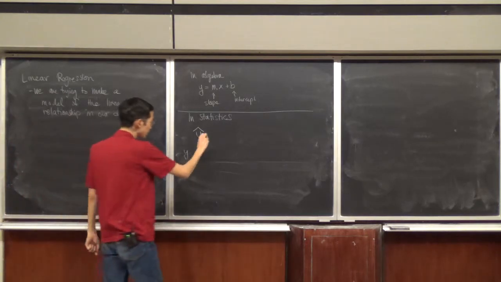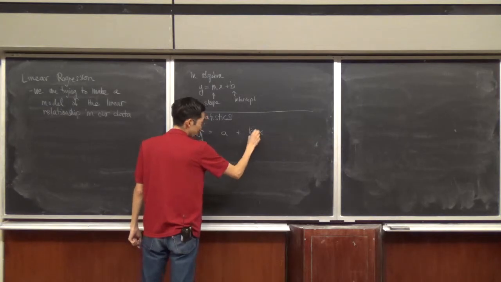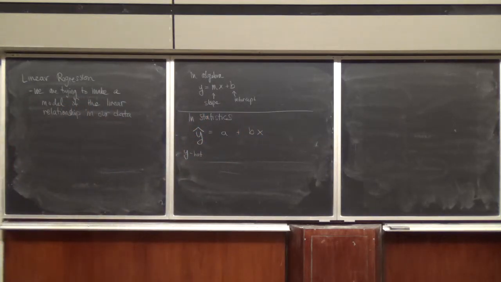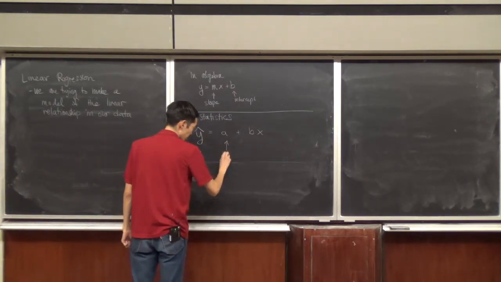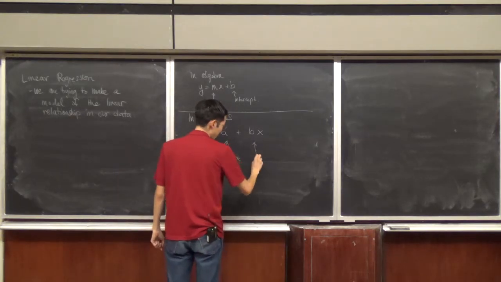Y hat is equal to a plus bx. In this case, a is our intercept, and b is our slope.